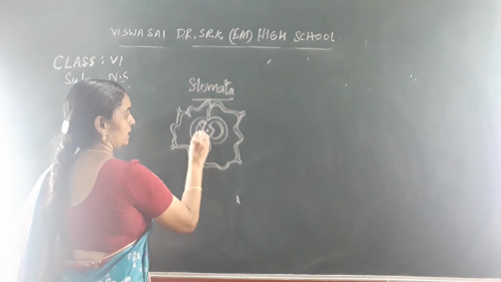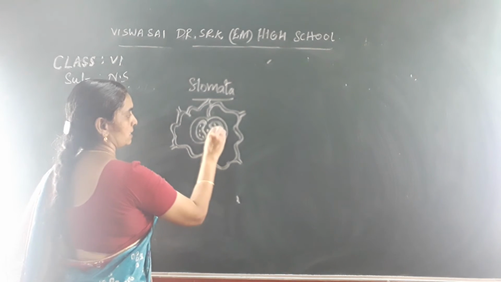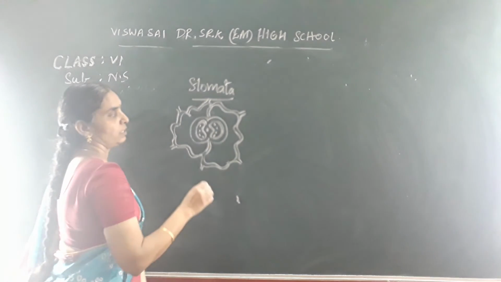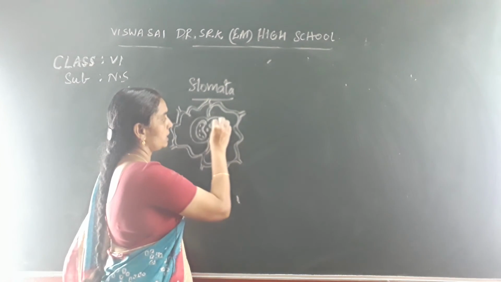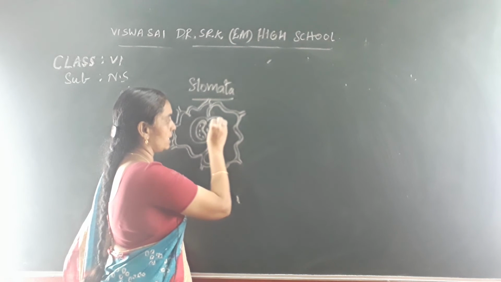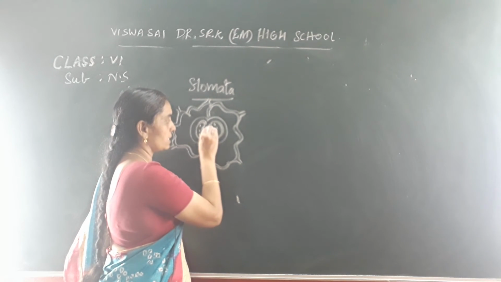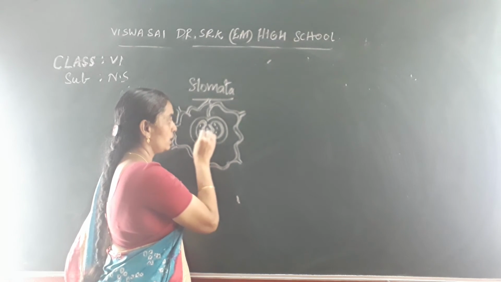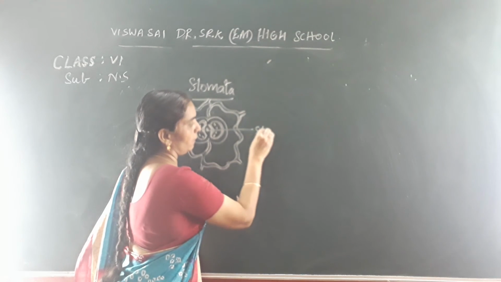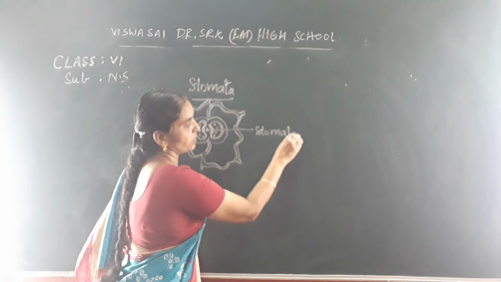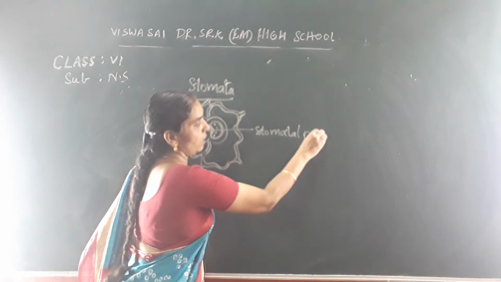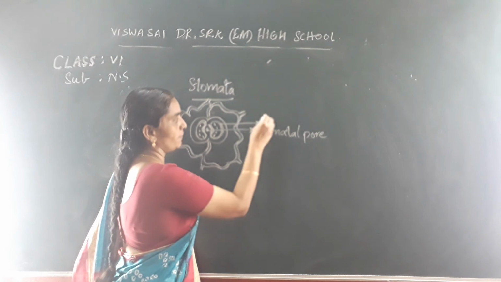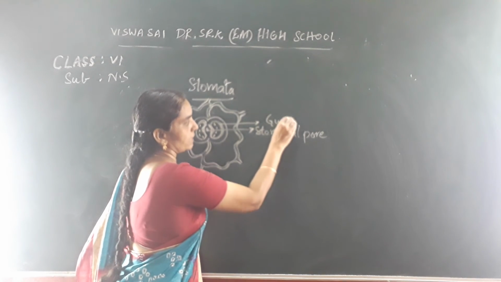These are chloroplasts, the bean-shaped structures present in the center. These are called guard cells. The tiny pore present at the center of the bean-shaped structure is the stomatal pore. What is it called, children? Stomatal pore. And this bean-shaped structure is called guard cells.